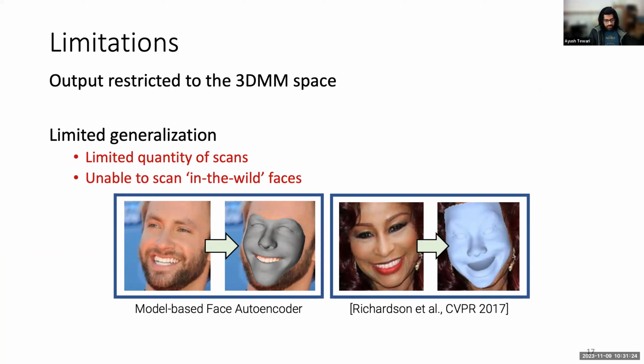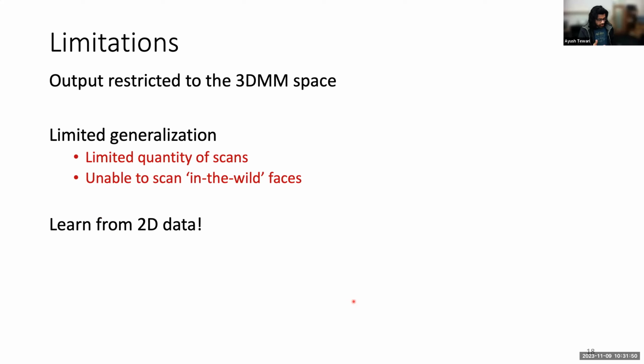So what ends up happening is that if we get beards, you would often get these weird results where the model would try to shrink and evade explaining these regions that it does not know how to model. And the same with models trained on synthetic data. The synthetic data does not have these features, so the distribution shift becomes even wider. So ultimately, the 3D model restricts us from generalization. And this is the original goal we started from.